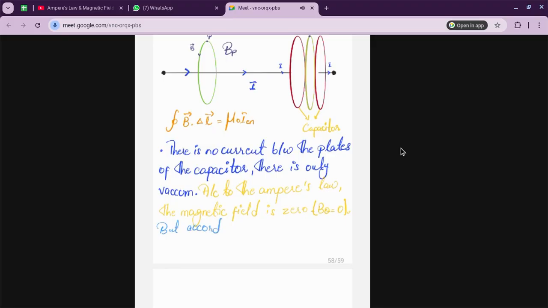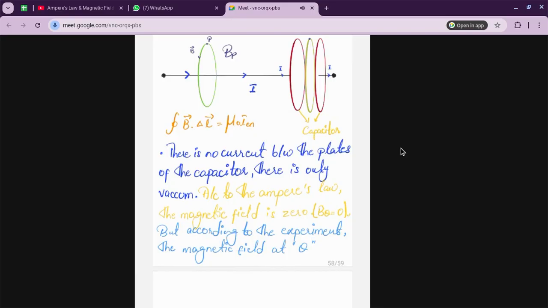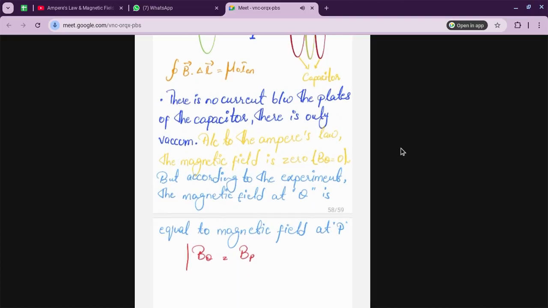But according to the experiment, the magnetic field at Q is equal to the magnetic field at P. It means that BQ must be equal to BP.